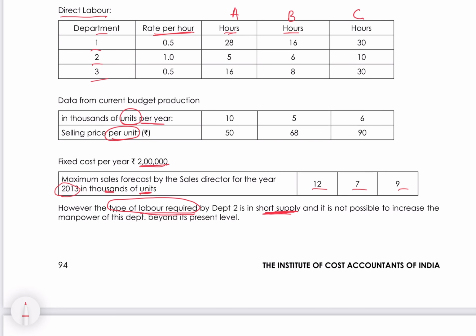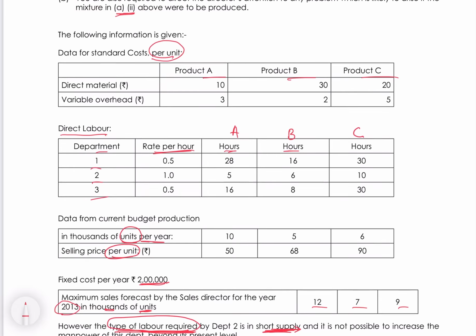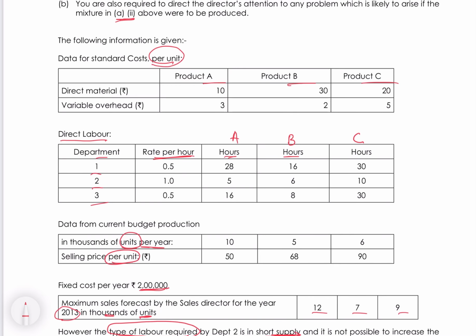But we should first find what is the limiting factor. In the question it is given that the type of labor required is in short supply. So, labor hours is the limiting factor for us. So, while ranking we will consider contribution per labor hour as the basis on which we will rank the product.